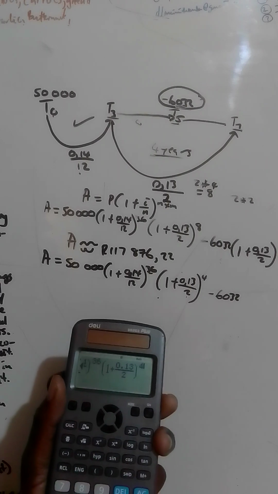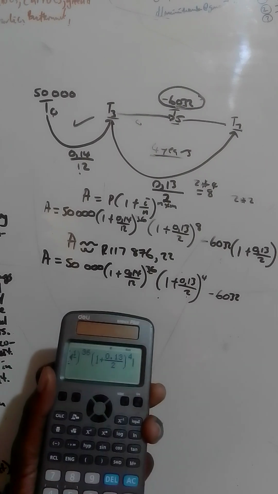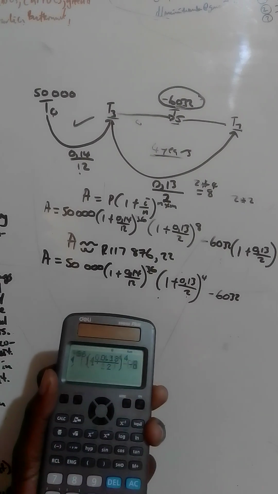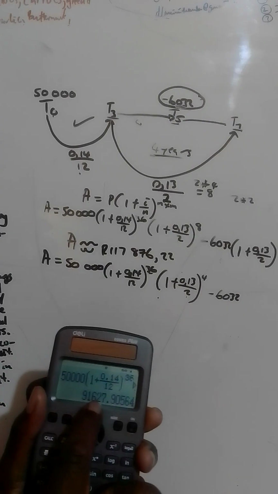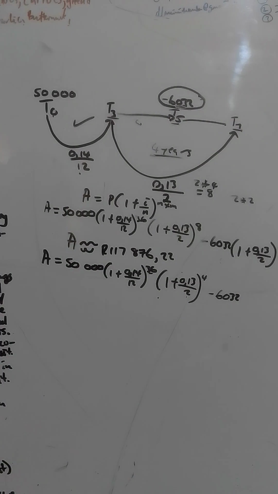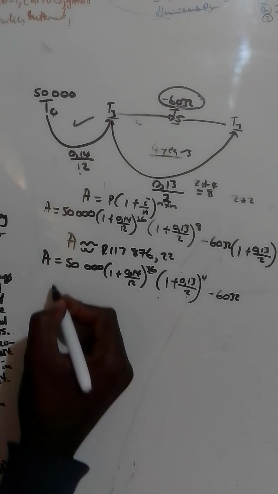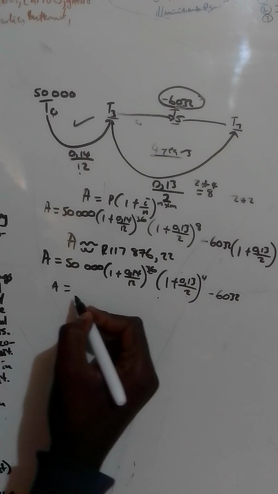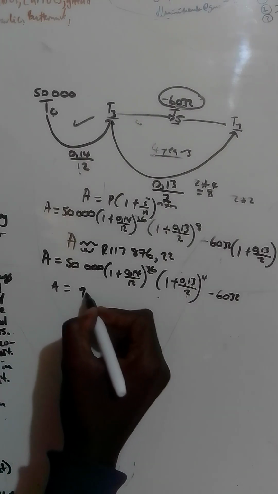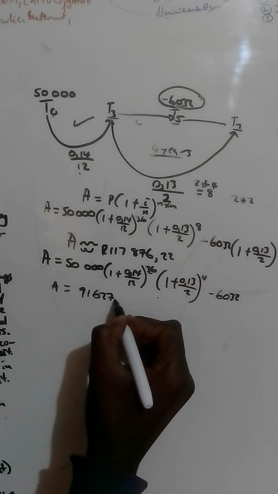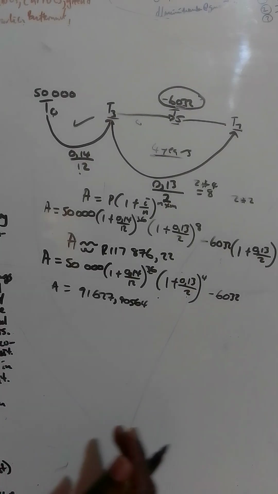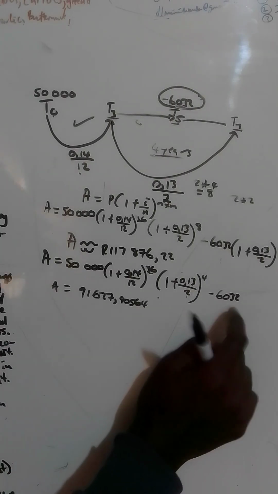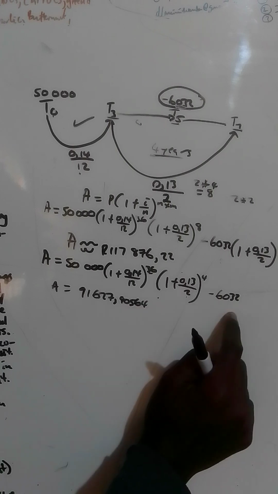Then we bring down and say minus the 6,032, which will give us 91,627. We are not going to round off anything. So now we say A is equal to 91,627.90564. Now here, this is 5 years that we have here.